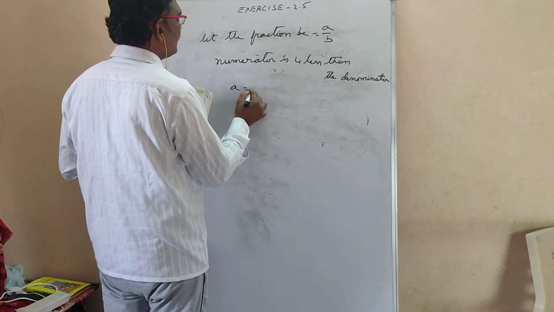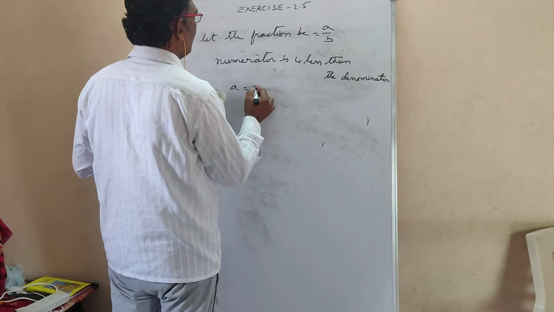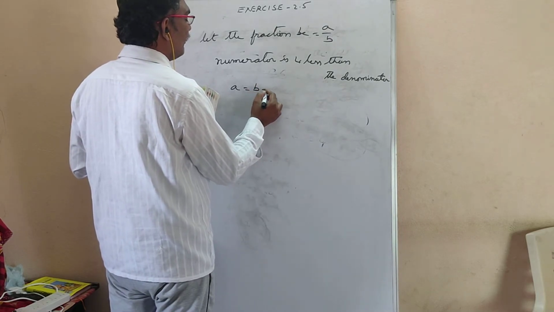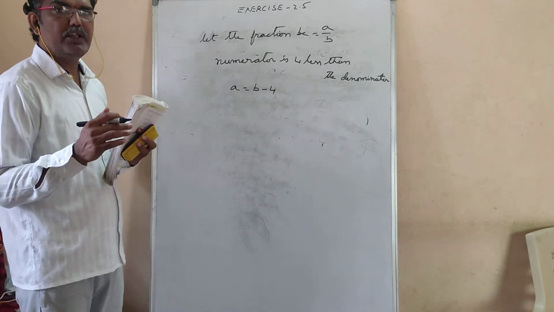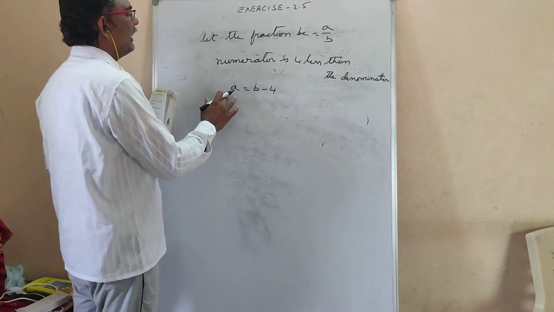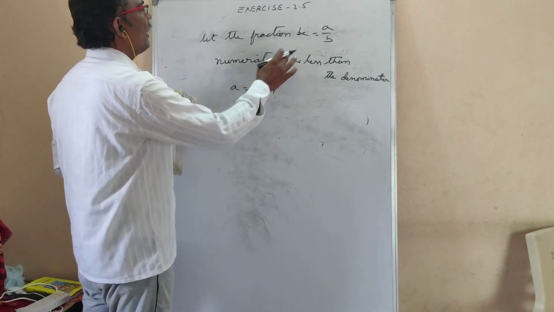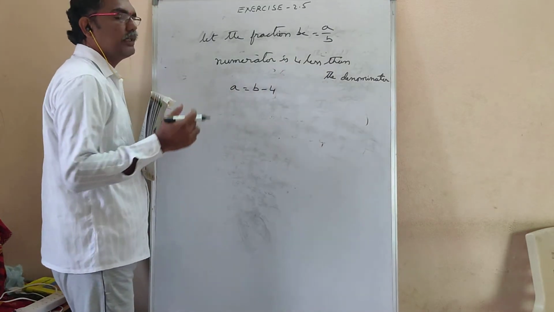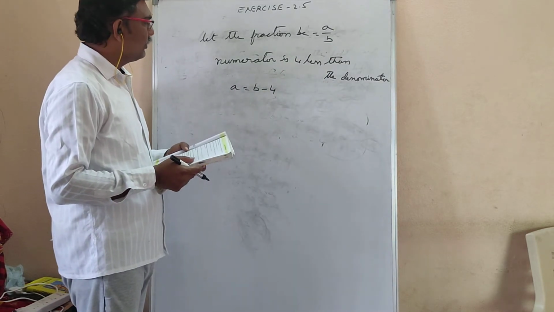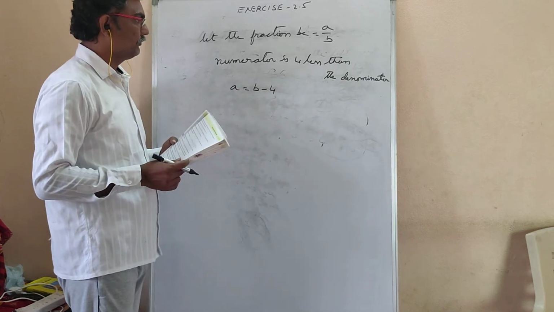A. Is means equal to 4 less than the denominator. The denominator is b, so you have to subtract 4 from the denominator. So here a is equal to b minus 4. It is the relation: from the denominator, if you subtract 4, you get the numerator. So you got the a value and b value.